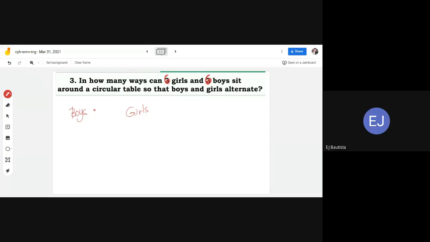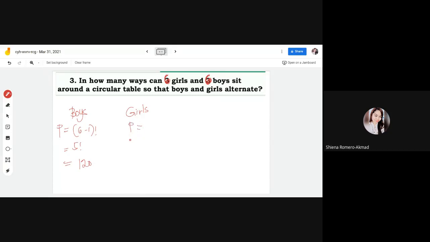Dahil una mo... Sige, answer. 6 minus 1. That's permutation is equal to 6 minus 1 factorial equals 5 factorial. Dahil una kong i-arrange si boys, sa kanya ako magbabawas ng isa. So this will be 120. How about for girls?